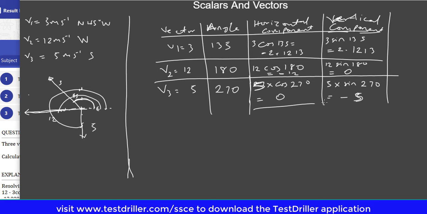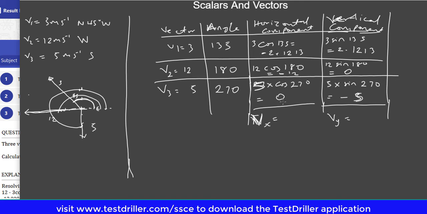Okay, so now that we've gotten all the vertical and horizontal components, the next thing you want to do is to take the sum of all the horizontal components. So let's call this Vx, and the vertical, let's call it Vy. So what's the sum of minus 2.1213? You add it with minus 12 and 0.